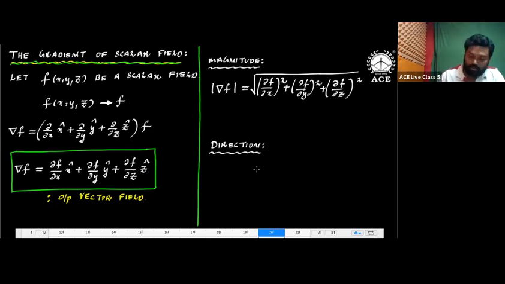What is the direction? Direction is represented with the cap, which is the vector r by its magnitude.